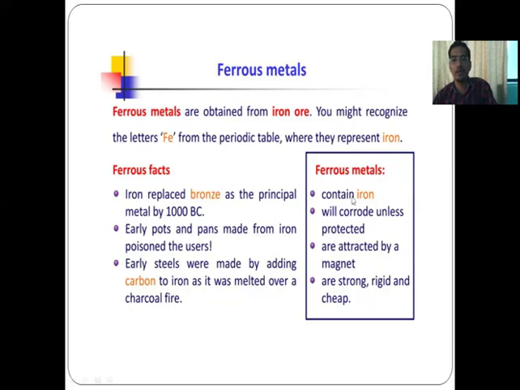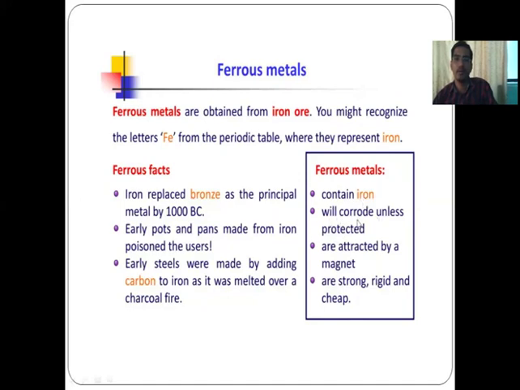The ferrous metals contain iron, will corrode unless protected, are attracted by a magnet, and are strong, rigid, and cheap. So these are the characteristics of the ferrous metals. They contain the main element iron.